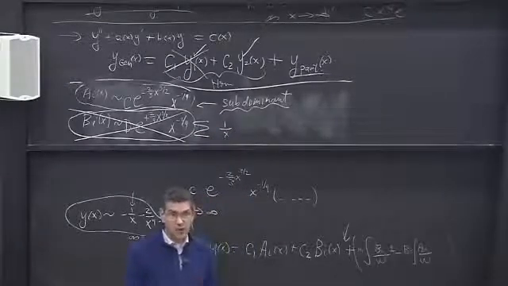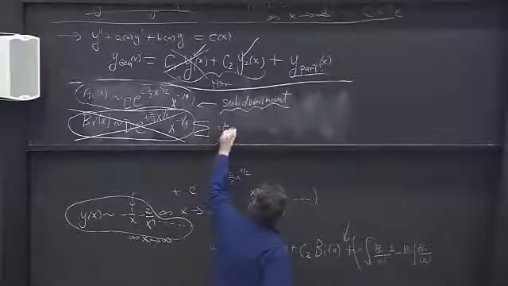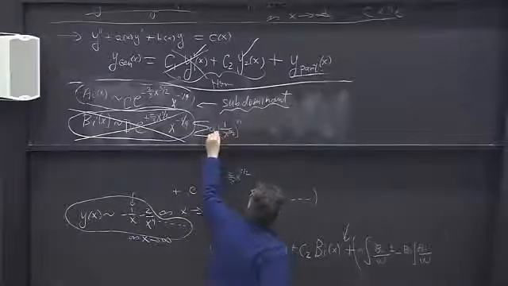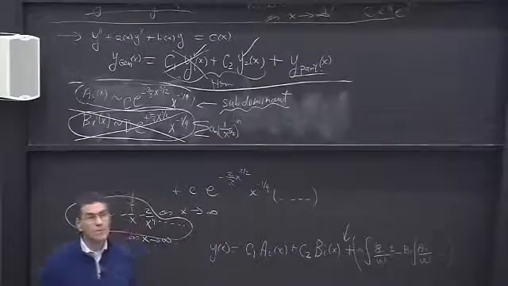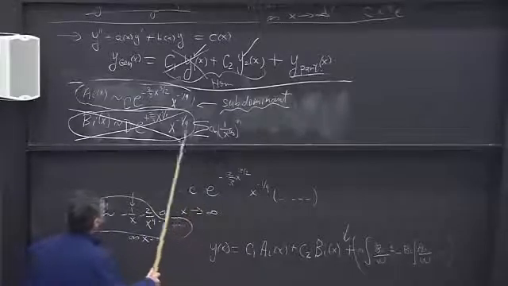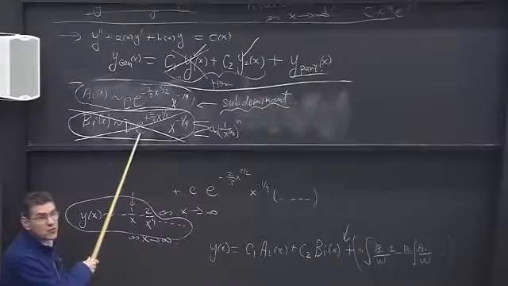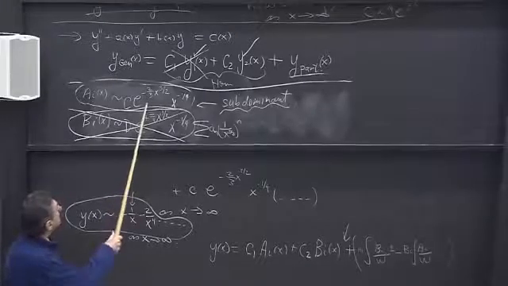It's actually 1 over x to the 3/2, and there are some coefficients. Okay? Notice that every single term in this series is huge, exponentially large, compared with this.